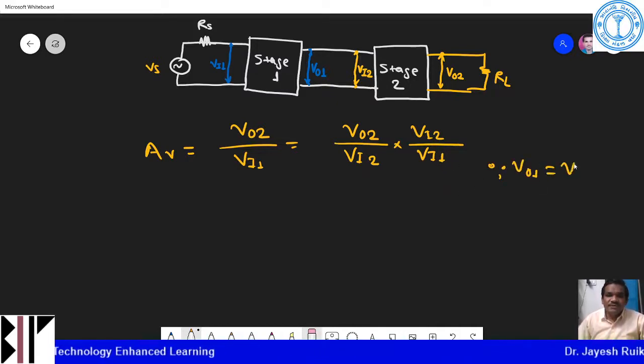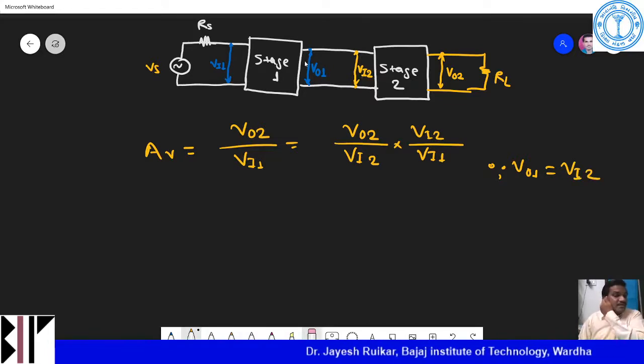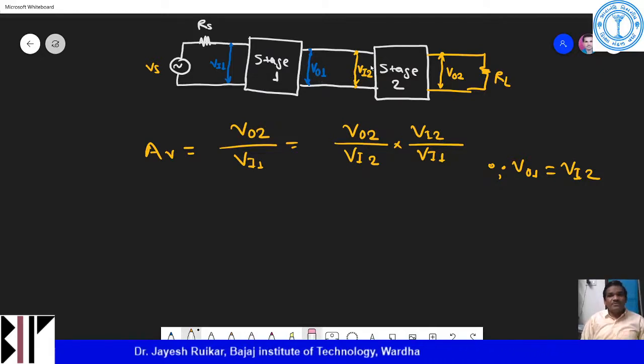How do I define it? VO1 is nothing but Vi2. Here you can see that Vi2 is the output voltage of stage 1, VO1, and it is the input to stage 2, the same as whatever is at the output.